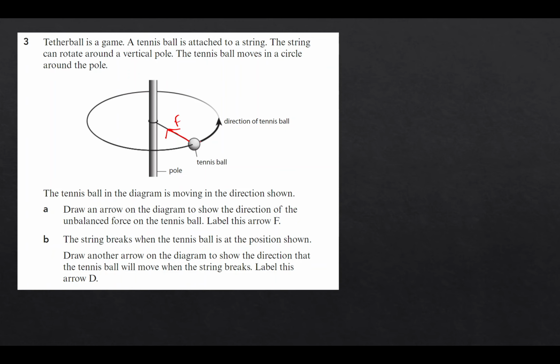So this will take a tangential path, which means it will go at an angle of 90 degrees with this string, and it will go in this direction if the string breaks. So let's call this arrow as arrow D. So this will be the direction in which the ball moves when the string breaks.